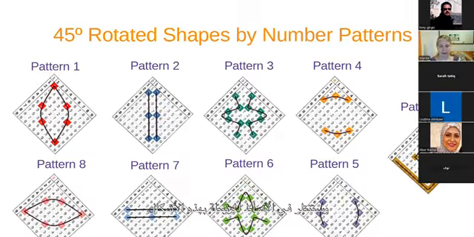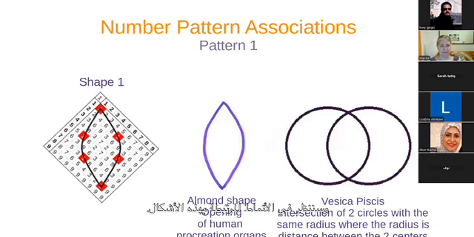And we're going to look at patterns associated with these shapes. Number 1 looks like an almond shape, the opening of the human procreation organs, as well as the vesica piscis. The intersection, which is a mathematical geometric symbol, as well as a spiritual symbol.